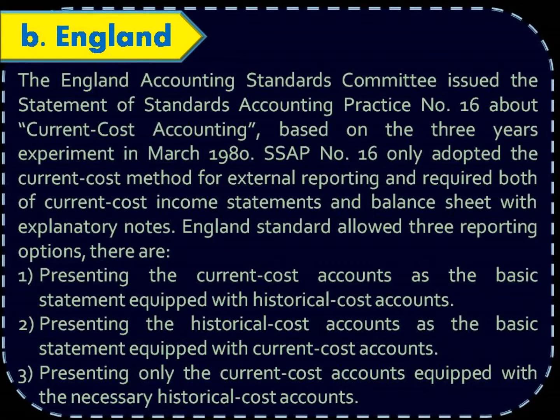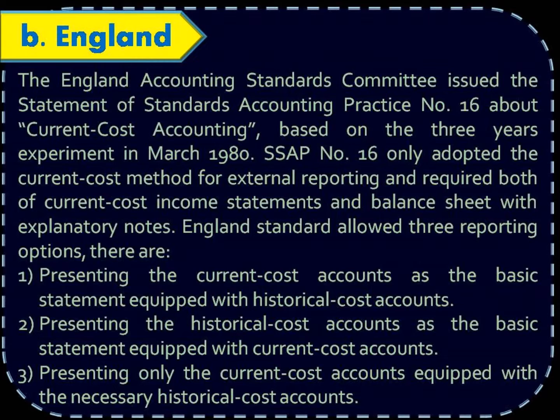B. England. The England Accounting Standards Committee (ASC) issued the Statement of Standard Accounting Practice Number 16 (SSAP Number 16), Current Cost Accounting. Based on 3 years of experience, in March 1980, SSAP Number 16 only adopted the current cost method for external reporting and required both current cost income statements and balance sheets with explanatory notes.